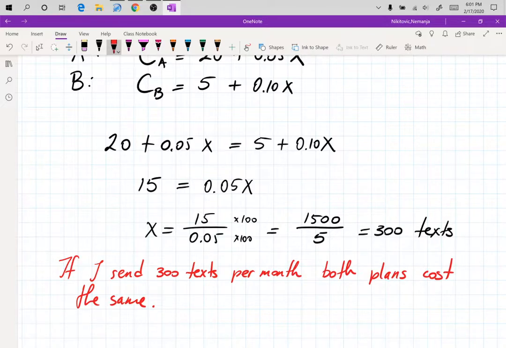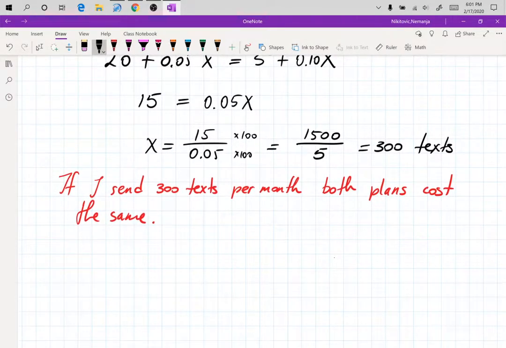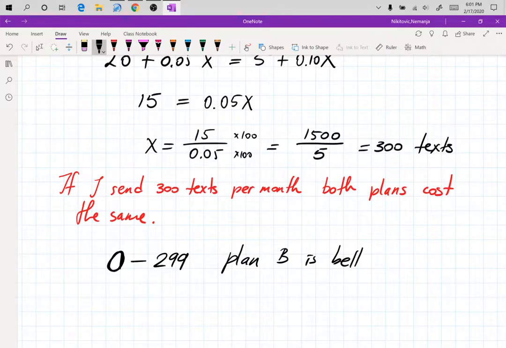So see, you do not get to answer which plan is better by looking at the price. You have to make the decision also having in mind how many texts you're sending, because again, 0 to 299 texts, plan B is better. 301 to infinity, plan A is better.